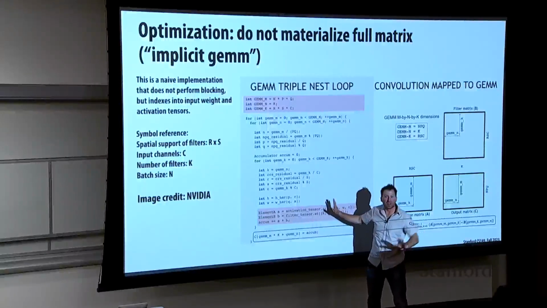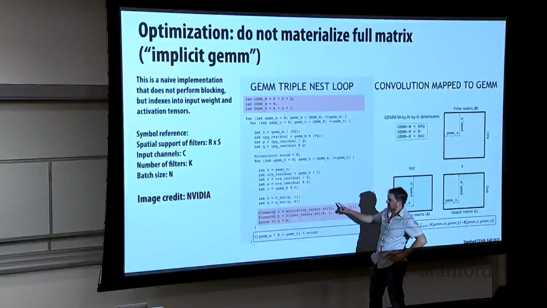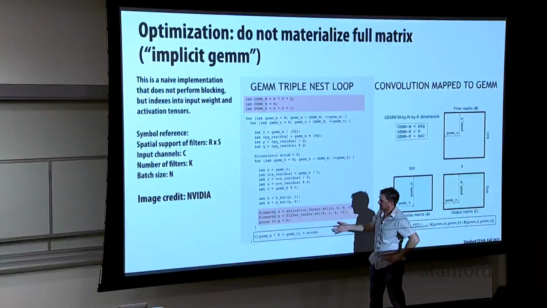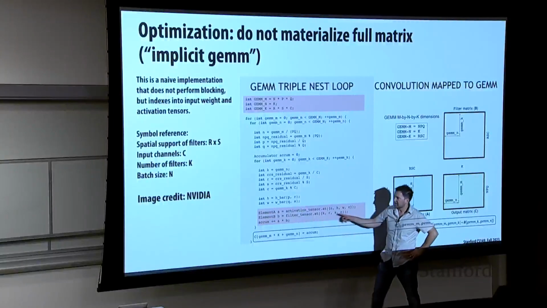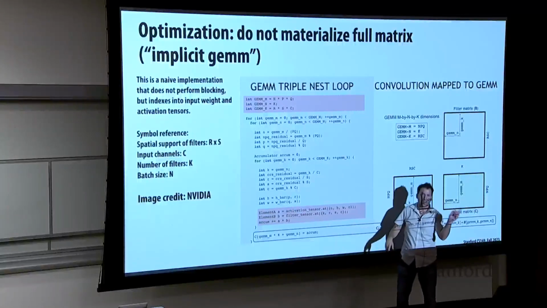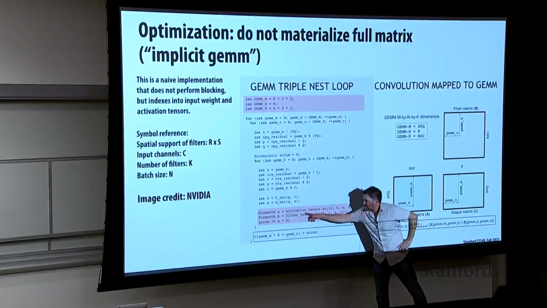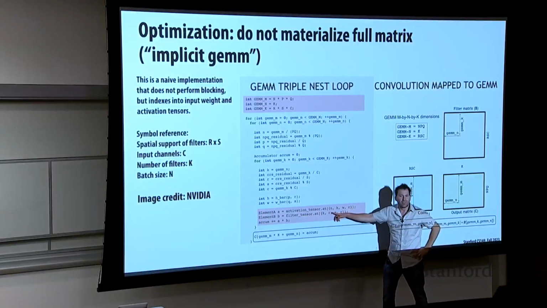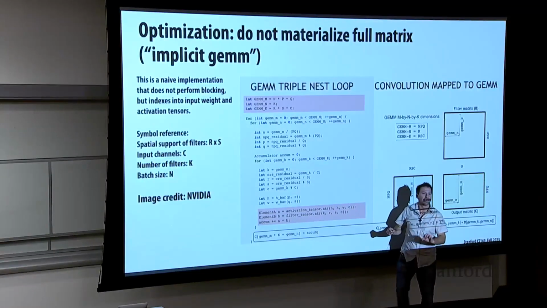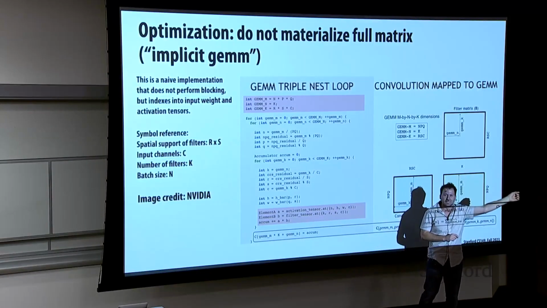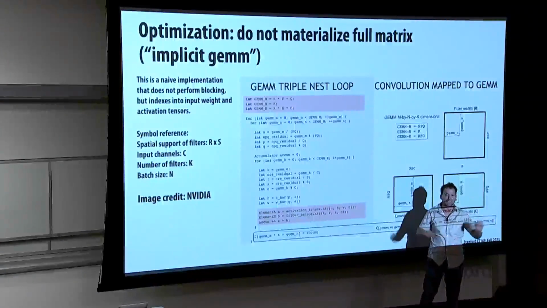For simplicity, it's not blocked. It's just normal matrix multiplication, but instead of the element A coming from x, i times width plus j, it comes from this accessor which does all of the math to figure out what is the location in the original input tensor, not the matrix, that would have stored the value that I need at this matrix cell.